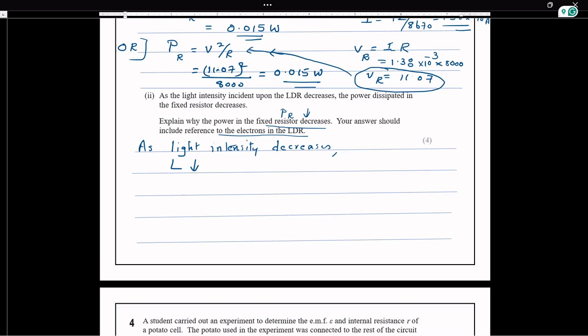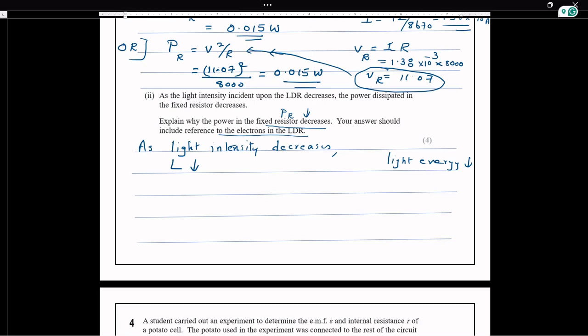You have to mention the electrons. So when the light decreases, the number of free electrons or conduction electrons decreases. Light is a form of energy you are supplying. Okay, light means light energy. So the energy supplied decreases, so the number of free electrons or conduction electrons available is also decreasing.